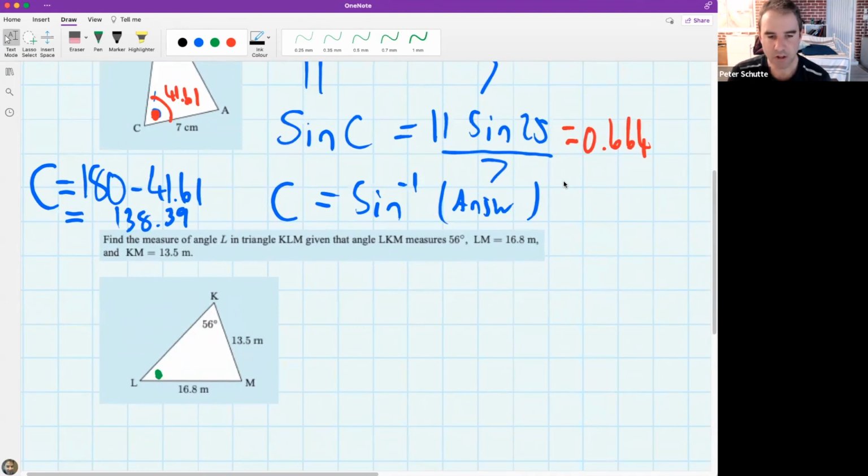Okay, so when you use the sine rule, the first answer you get is always going to be the acute angle. All I wanted to show you in the second part of this lesson is you can get a second answer, by going 180 minus the first answer.